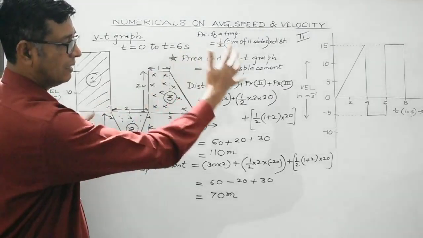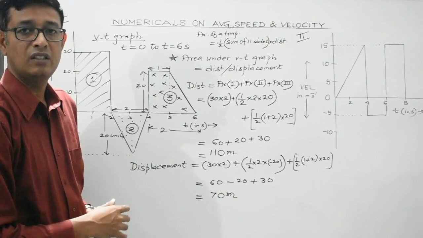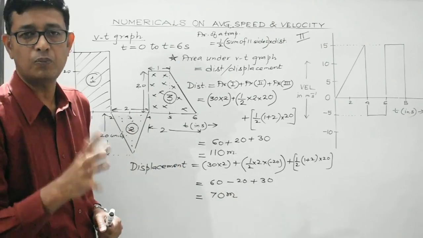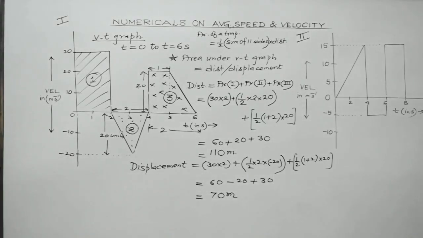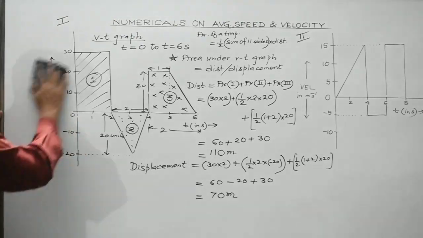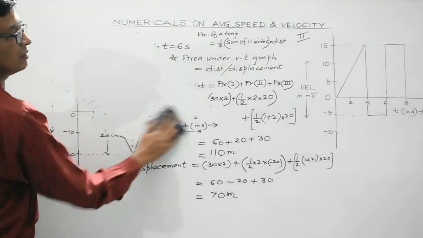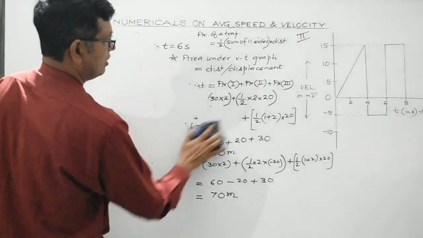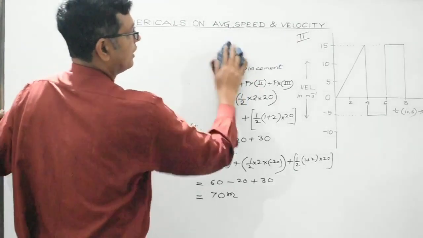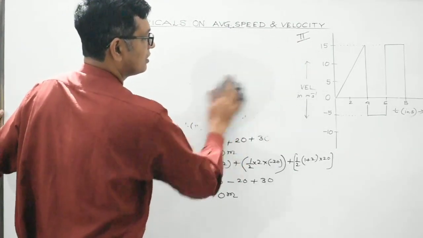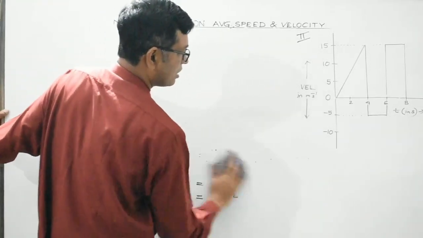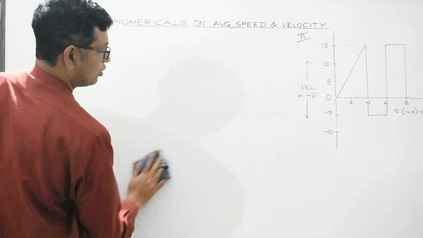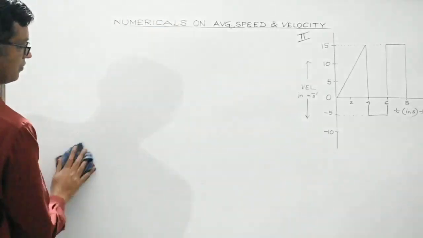So using the same concept, let's try another similar question just for practice. Concentrate on that question. That is also a VT graph given. And we are supposed to find out the distance and the displacement covered by the body during the time interval t equals to 0 to t equals to 8 seconds.